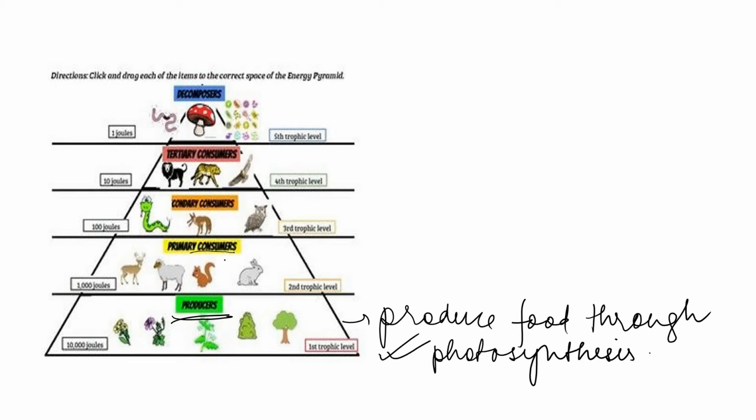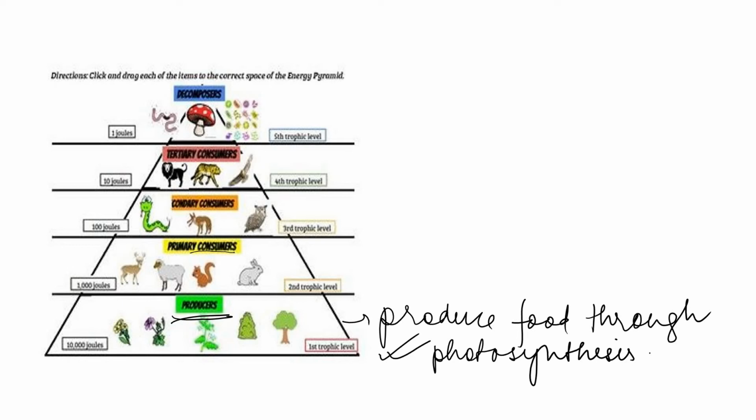The animals in this level will consume the producers, and they become the primary consumers. They're consuming, that's why consumers. Who are in the first consumer level?